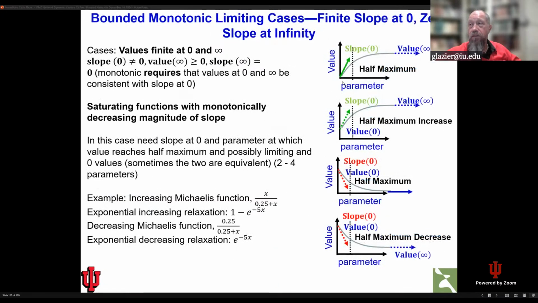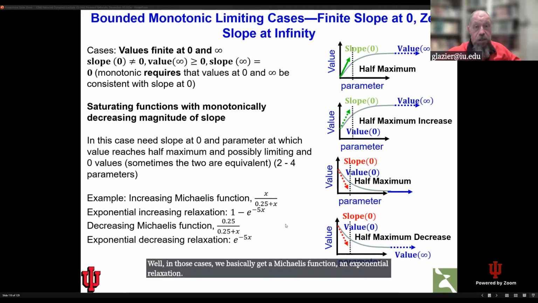Suppose that our value was zero or finite at zero, our slope was non-zero at zero, our value at infinity is non-zero, and our derivative at infinity is zero. Well, in those cases, we basically get a Michaelis function or exponential relaxation. There isn't really any other choice.